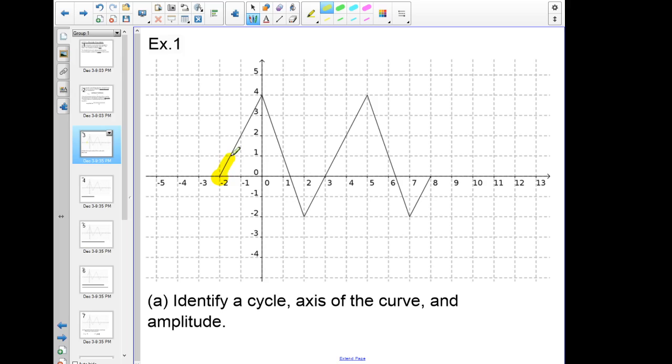So if I travel along this part of the graph and then I get to here, so let's pause here. It's now back at the same y value, but the graph is not repeating itself, because when I was at this y value, I was going up and to the right, and now at this y value, I'm going down and to the right. So the graph is definitely not repeating itself yet. So we have to continue. We haven't found a single cycle yet.